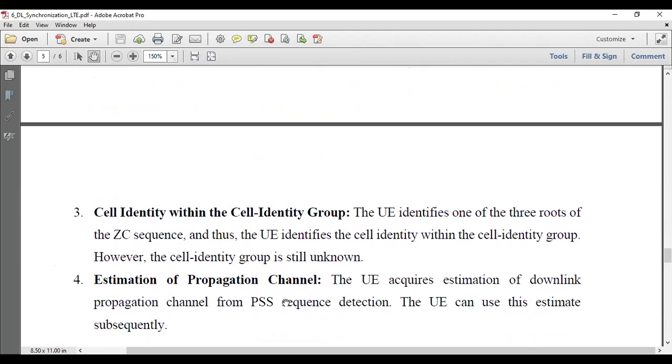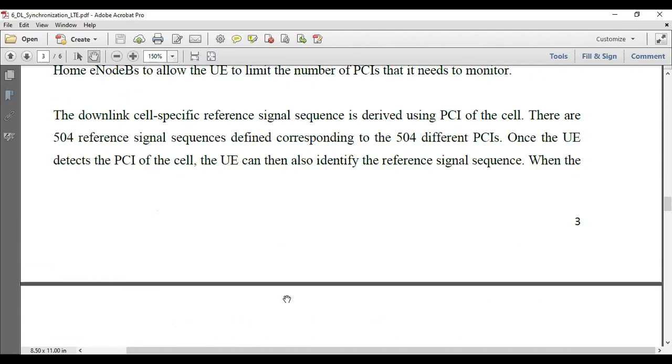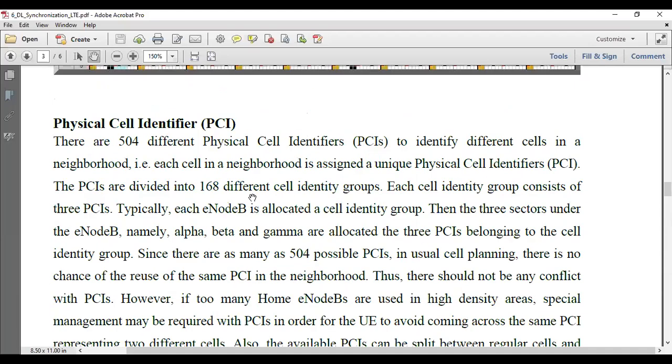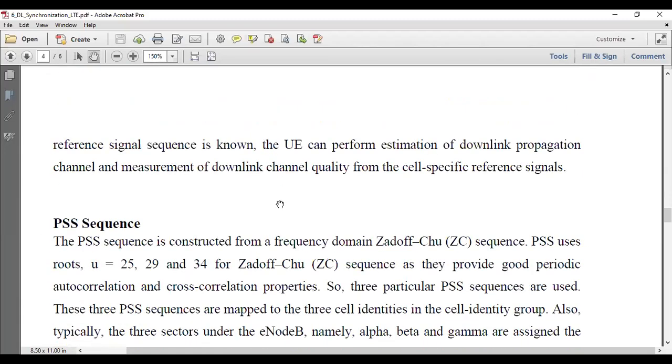Now, cell identity within the cell identity group. You don't know yet which of the 168 groups has been used there. But in a group, there are three possibilities: alpha, beta, and gamma. You have already resolved which one among those three has been used, whether it is 25, which relates to alpha, 29, which relates to beta, or 34, which relates to gamma.